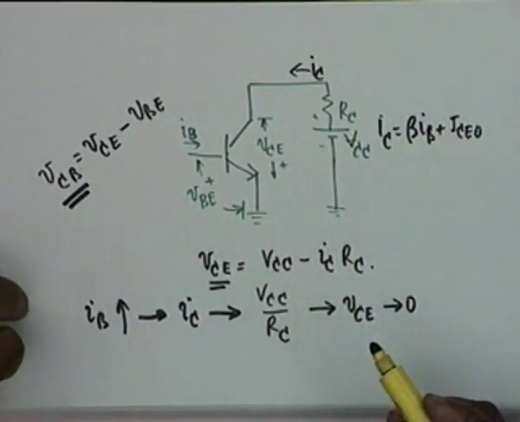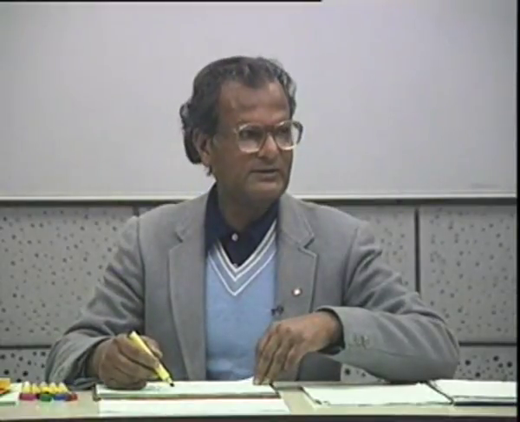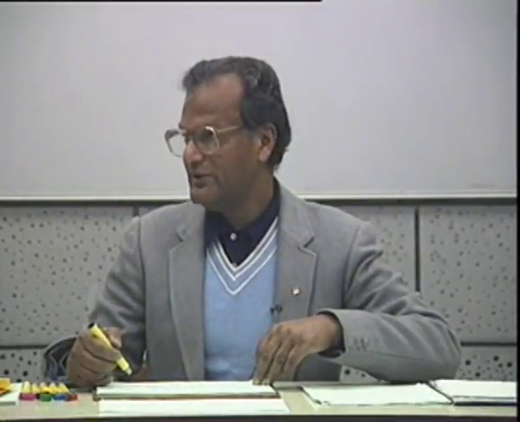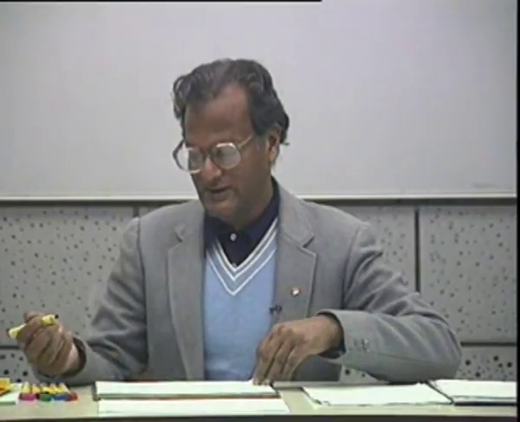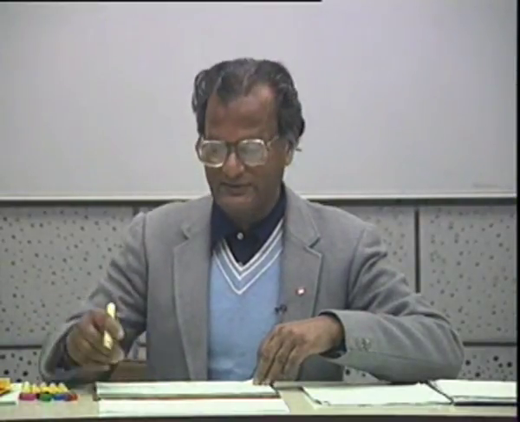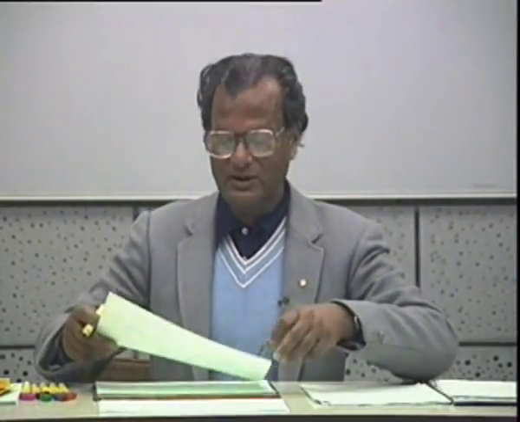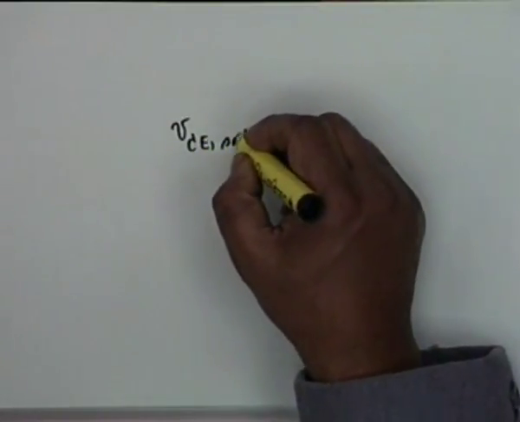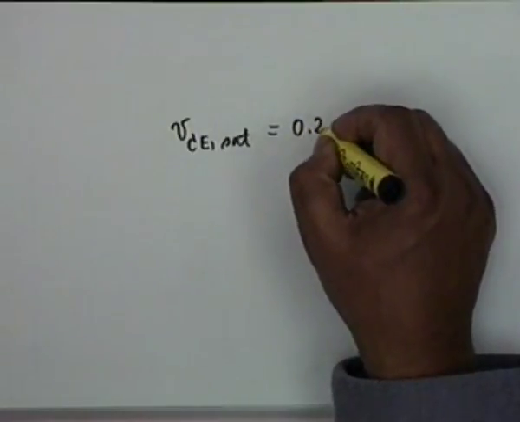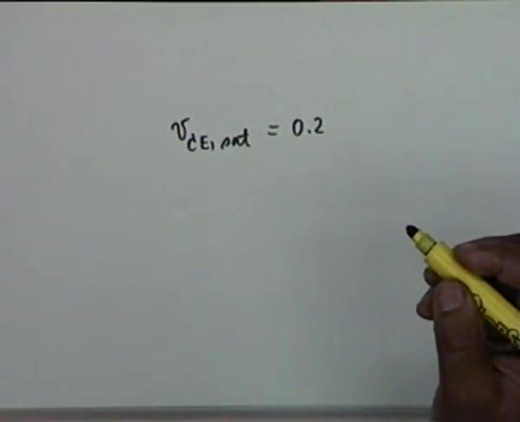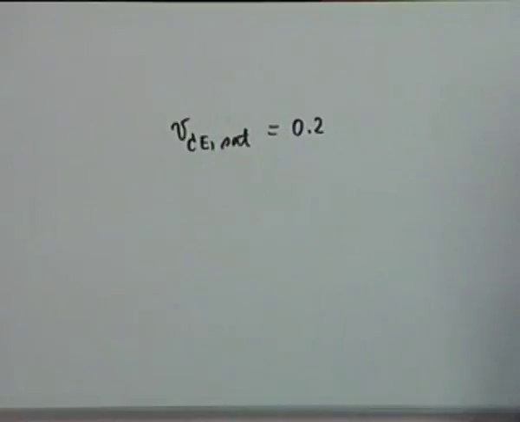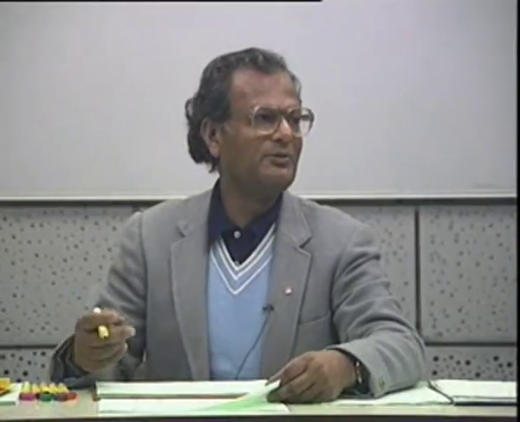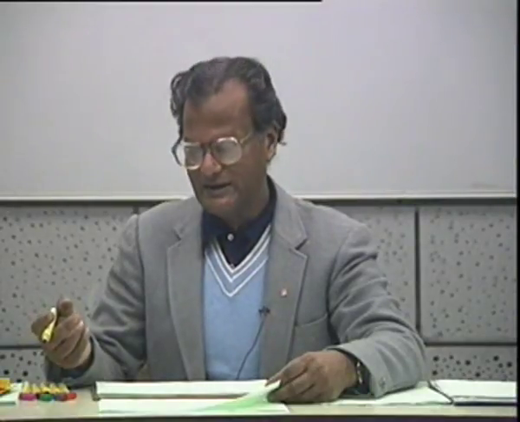And under saturation conditions, VCE, it is found, cannot exactly reach 0. It saturates at a value of normally 0.2. So our VCE sat is of the order of 0.2, VCE under saturated conditions. And you must remember the collector current cannot go beyond VCC by RC.